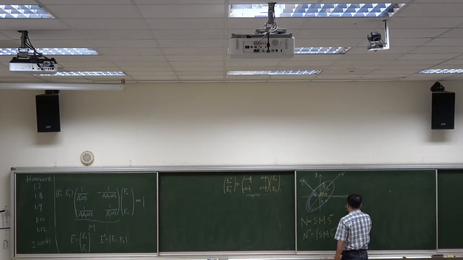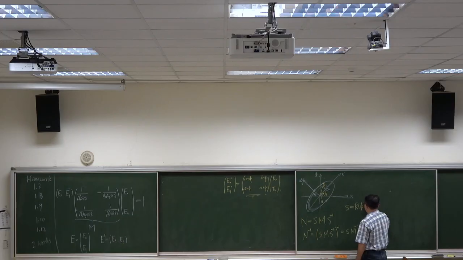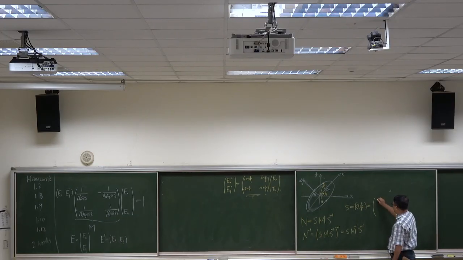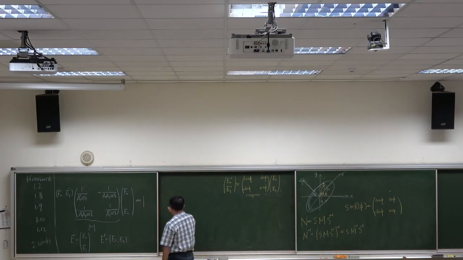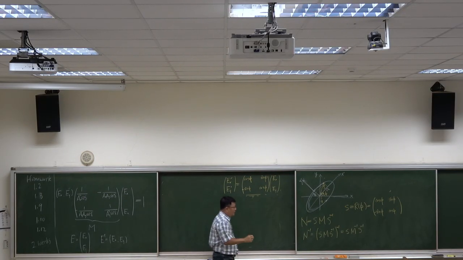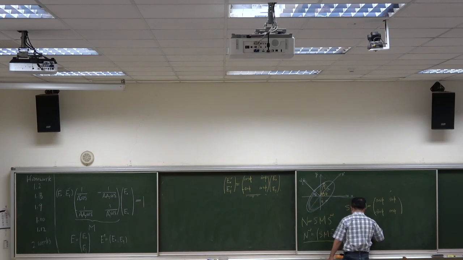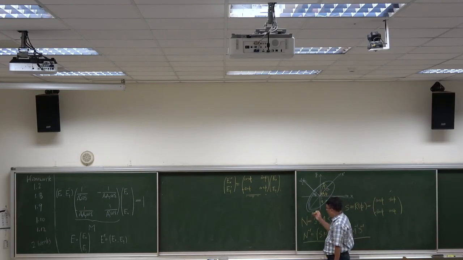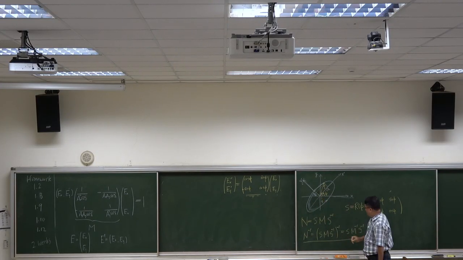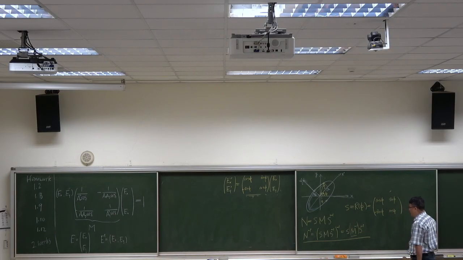Here S is the rotation matrix R phi equal to cosine phi, sine phi, minus sine phi, cosine phi. So we have this relation. Before we try to calculate the A squared, B squared, and the orientation of the axis, we need to calculate the inverse of M matrix.